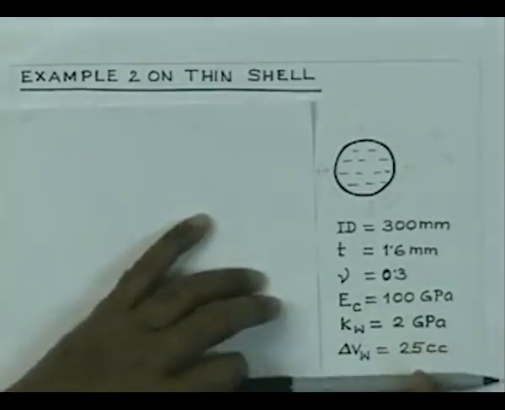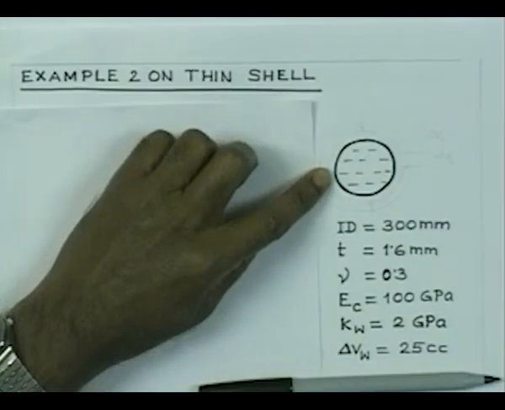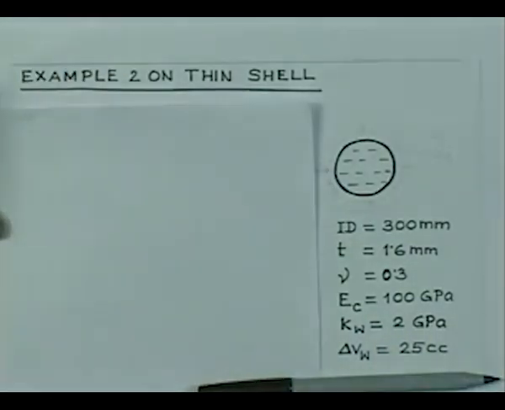Now, what is specified here is that this vessel is full with water at atmospheric pressure, and now 25 cc of water is injected into the vessel. What is needed to be found out?